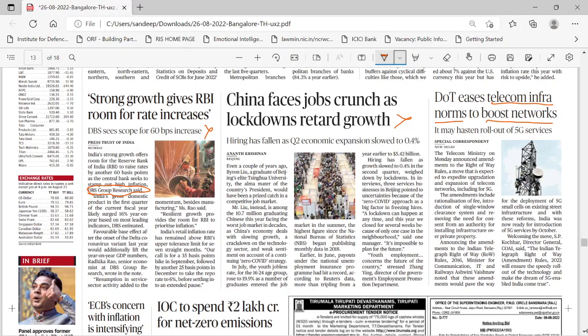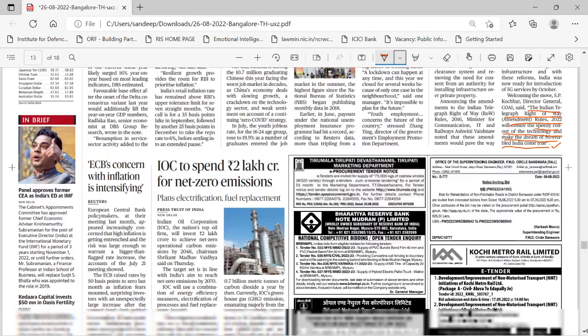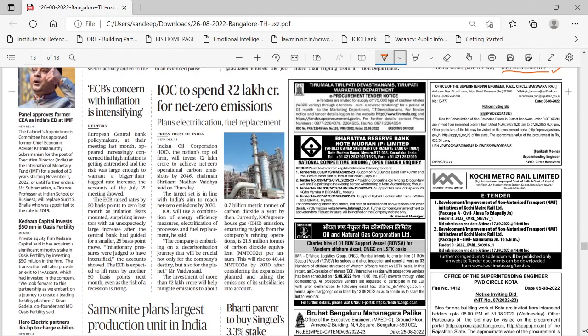So to increase it, we have changed the Indian Telegraph Right of Way Amendment Rules 2022, which will ensure speedy rollout of technology and make the dream of 5G enabled India come true. Fine. So yes, it's just that the mobiles, the networks, the transponders, the receivers, they all have to work properly. This is what they're trying to tell.